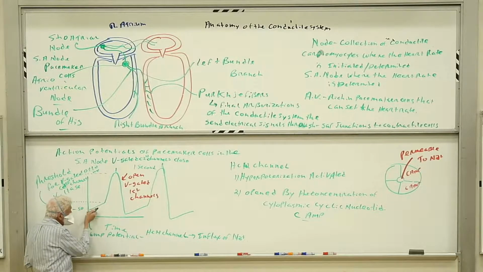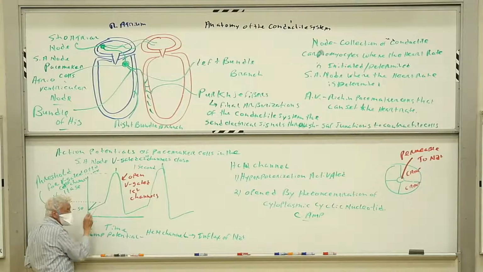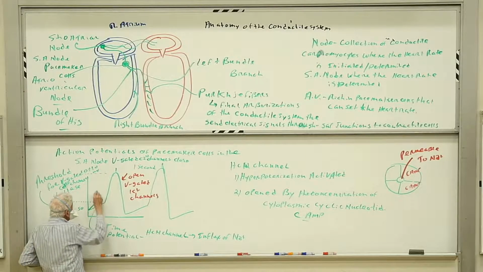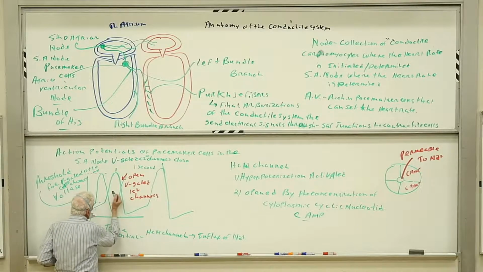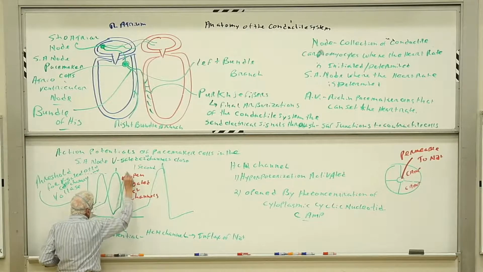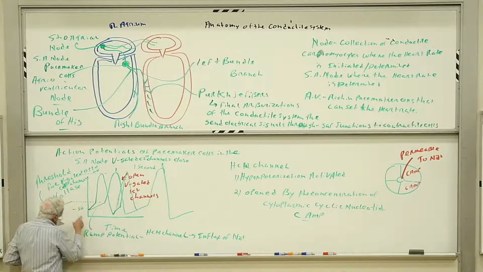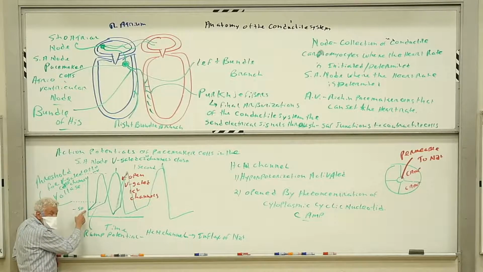So rather than having this nice slow slope, now with increased cyclic AMP activity, we more rapidly reach threshold. We fire an action potential more rapidly, come back down again, fire another action potential, let me put a little bit of a ramp in there, and fire another. So when we increase the cyclic nucleotide concentration in the cytoplasm, we'll increase the rate of rise of the ramp potential.